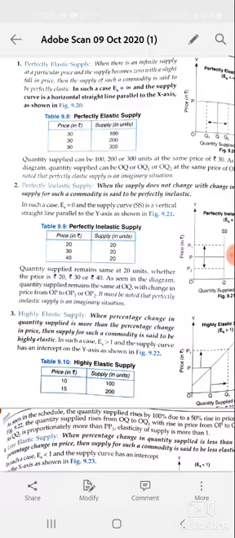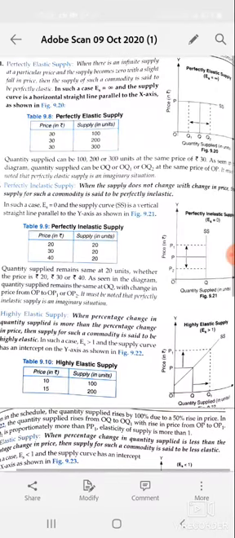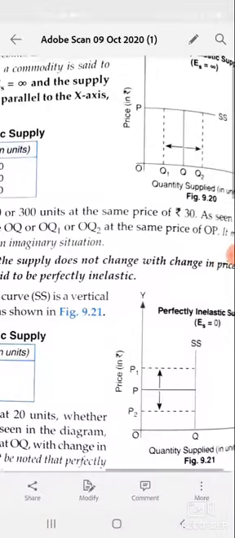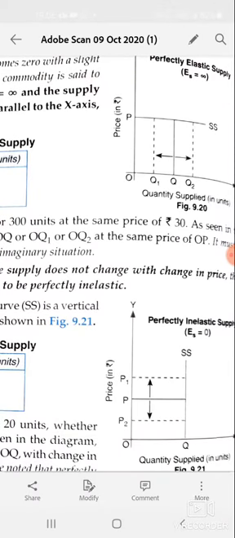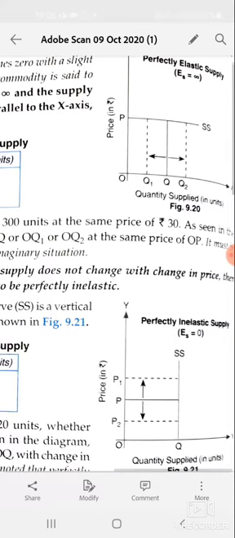In this case, the supply curve moves parallel to the x-axis. You might be seeing in the graph, SS is the supply curve, and it's moving parallel to the OQ line, the horizontal line.